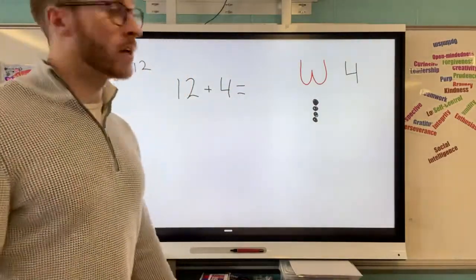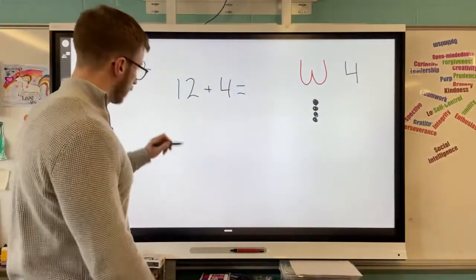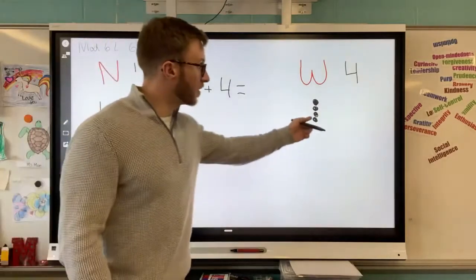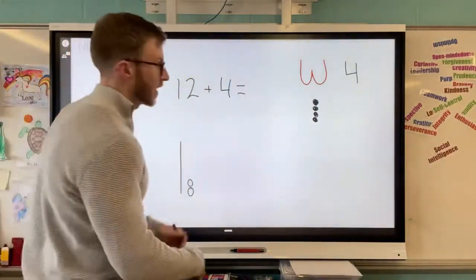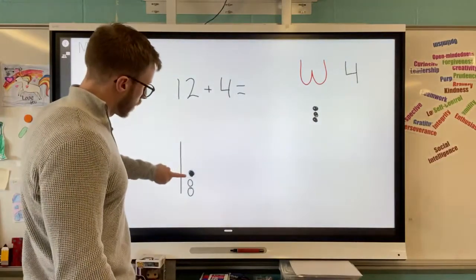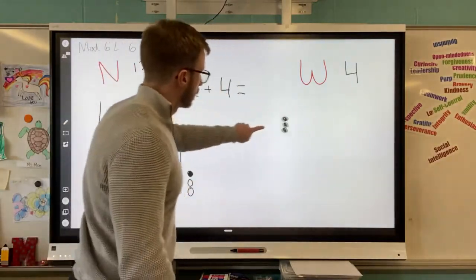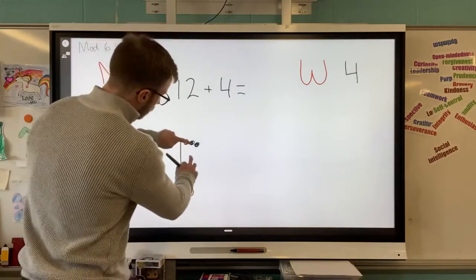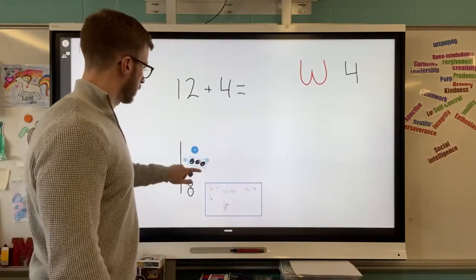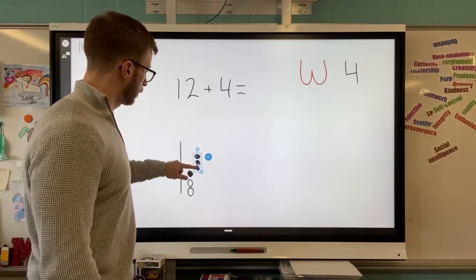And what I'm going to do is I'm going to take my 12 picture form, 1, 2, and I'm going to add these 4 onto it. So it's almost like I'm going to take them and I'm going to move them over. There, we got them all at once. Oh, it's not going to rotate now. Here we go.